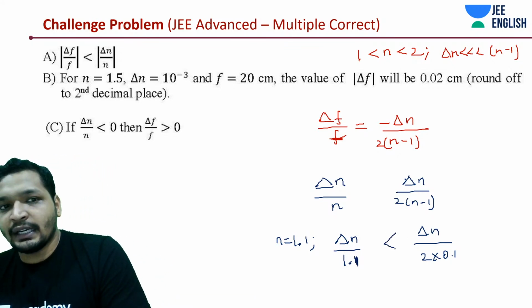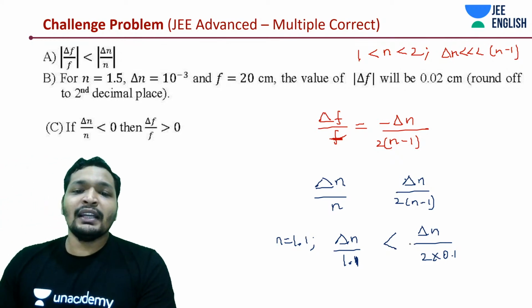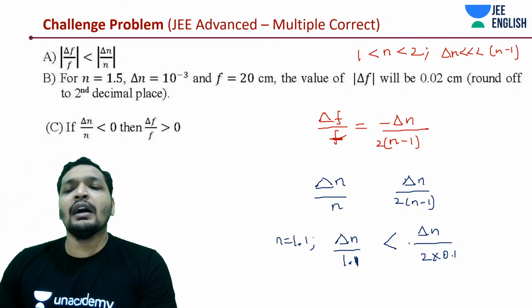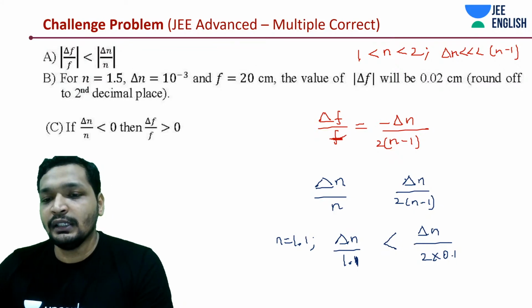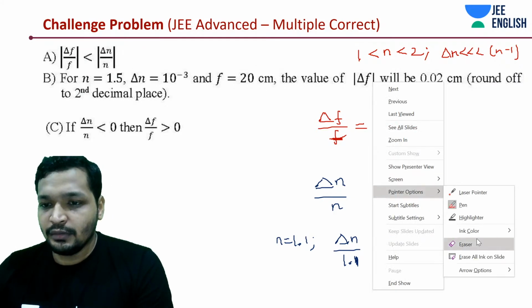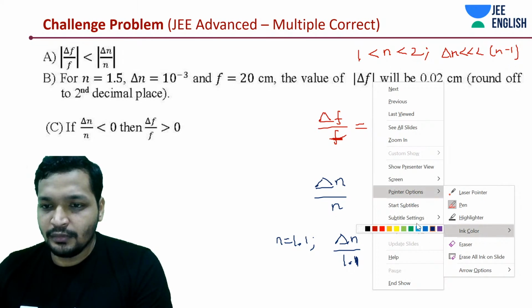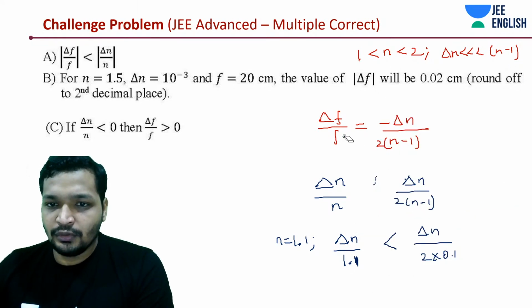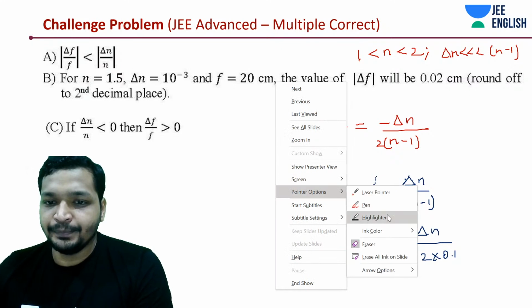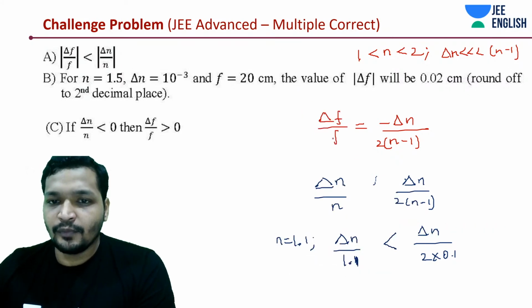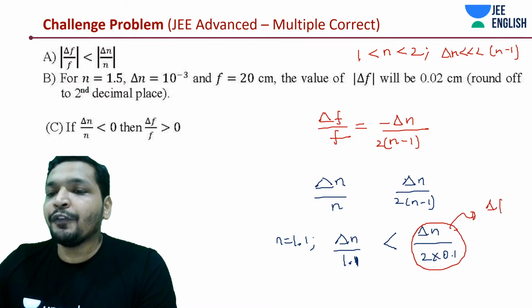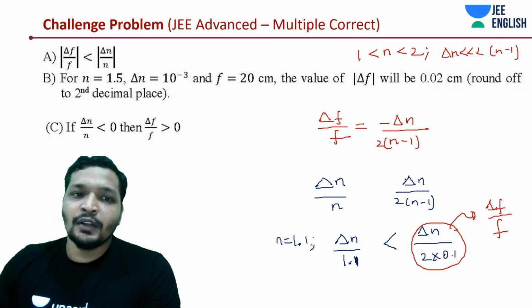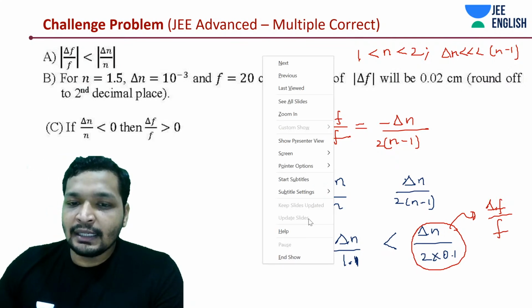So basically this is greater. There itself you came to know this relation is wrong. So A is wrong.